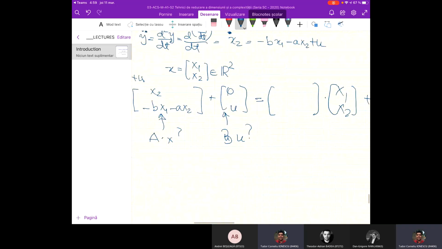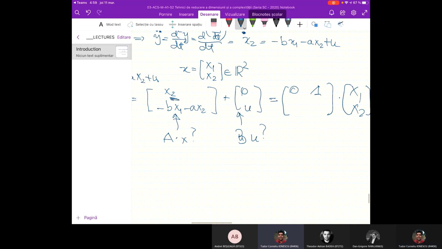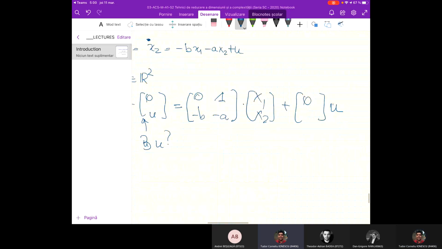For this matrix, we have 0 x1 plus 1 x2, and minus b x1 minus a x2. Can you see that? And here you have 0, 1. And now you've got your A and your B matrix.